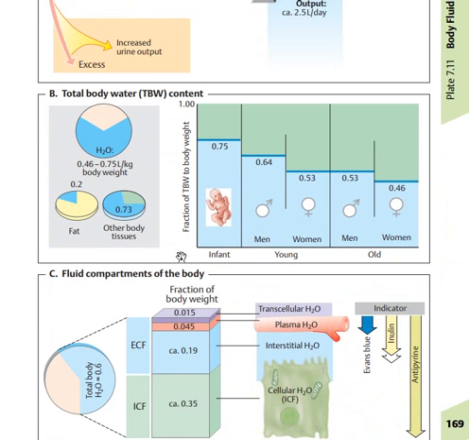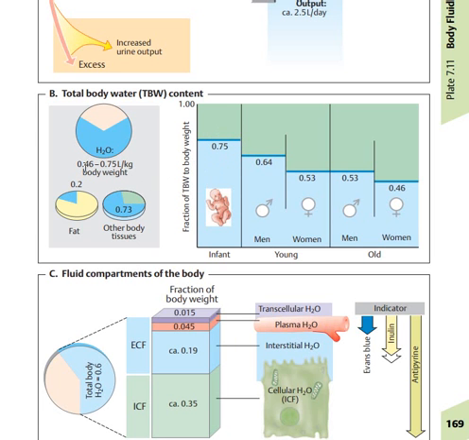So now let's visualize the body water contents. The body water contents can vary from infants toward old age. In infants, the water content is very large, and this is the fraction of total body water with respect to body weight. With respect to body weight here, the total body fraction is going to be 75%.